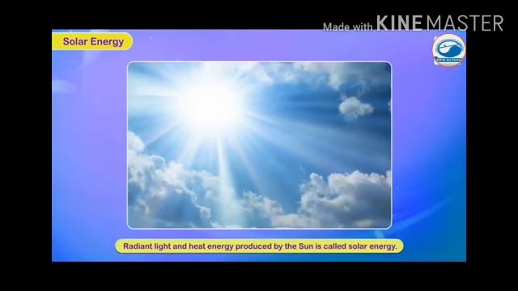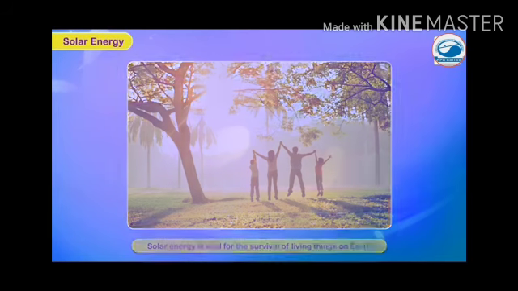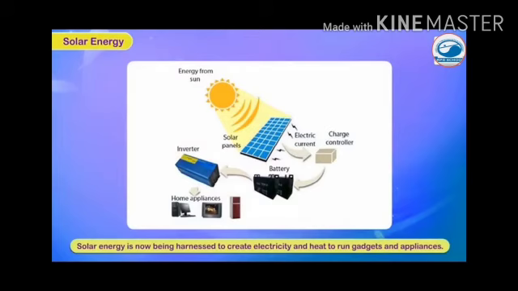Radiant light and heat energy produced by the sun is called solar energy. This energy is vital for the survival of living things on earth. Additionally, this energy is now being harnessed to create electricity and heat to run gadgets and appliances.